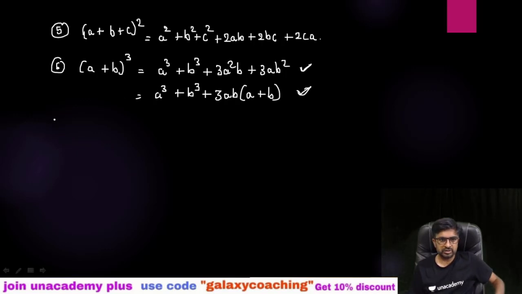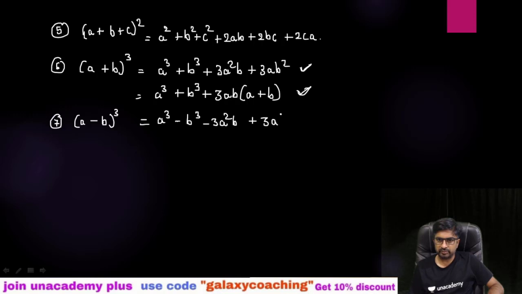Okay, moving towards the next identity, a minus b whole cube. So at that time a cube. Now here you need to keep in mind about signs. Generally students make mistakes in signs, so please keep this in mind. A cube minus b cube minus 3a square b plus, at last, plus 3ab square.